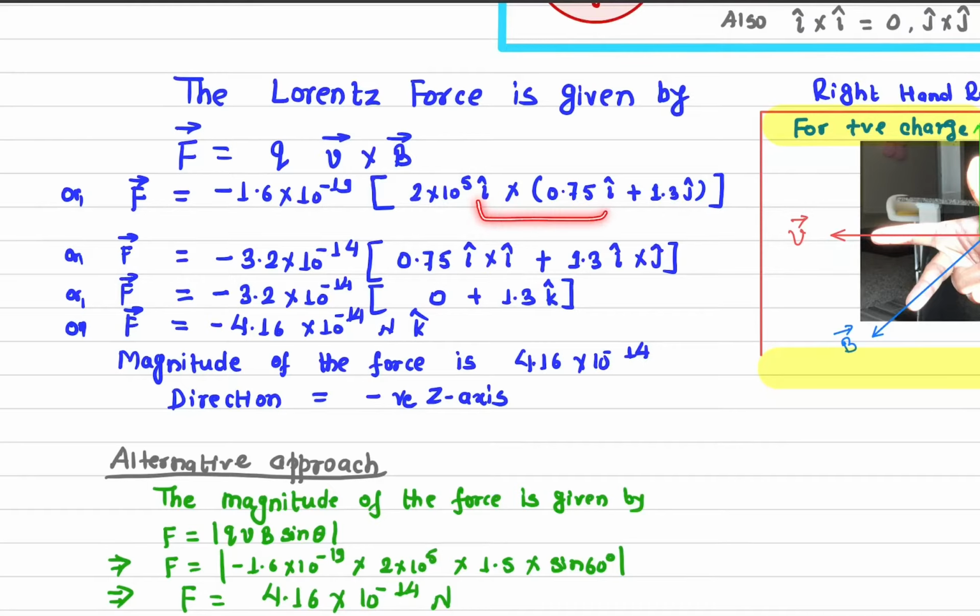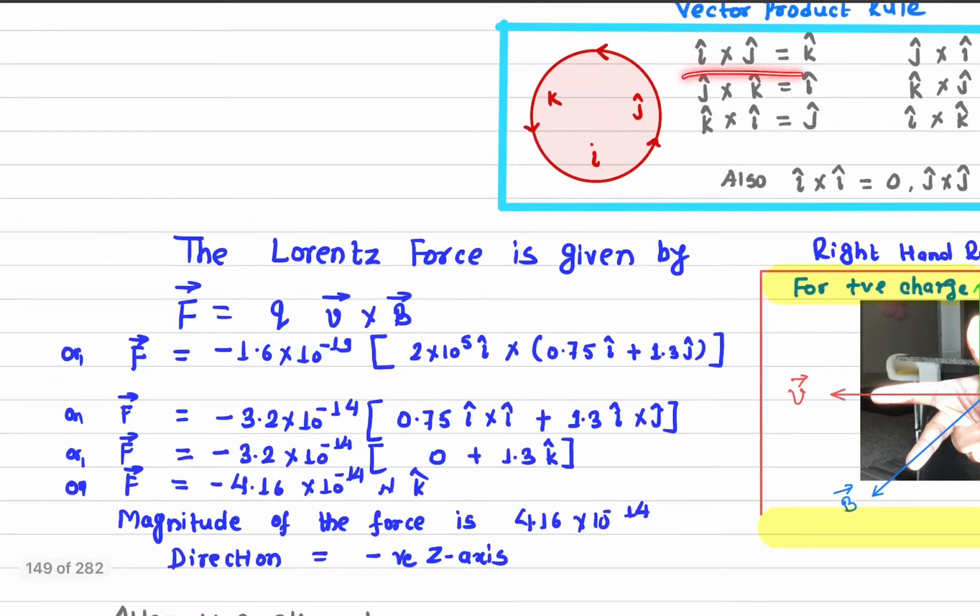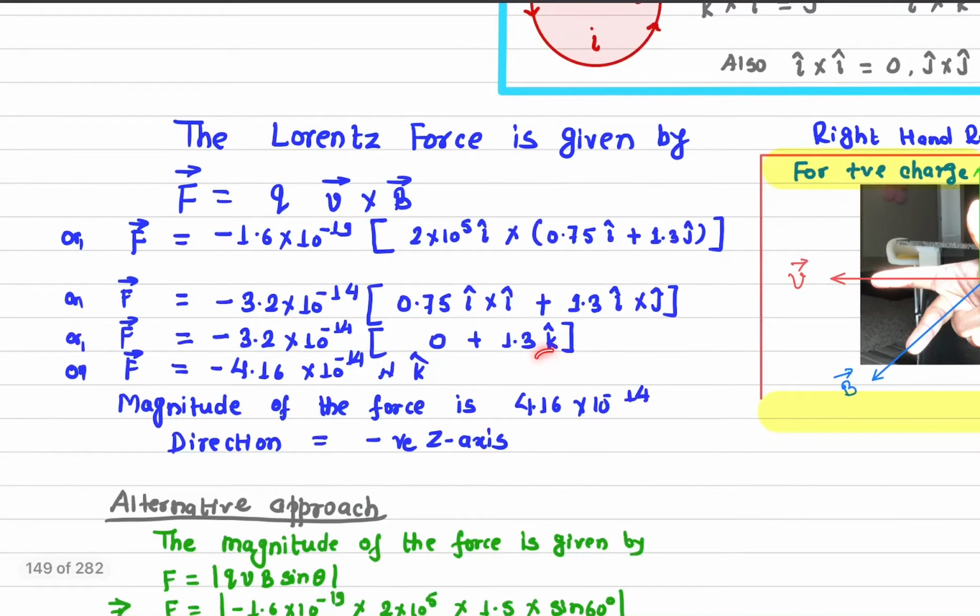Here you see i cross i, then i cross j vector. You cannot write j cross i, because j cross i and i cross j have opposite directions. So i cross i is 0, and i cross j is the k vector. Now I'm going to multiply this number by this number. This is what I got, with the k vector here.